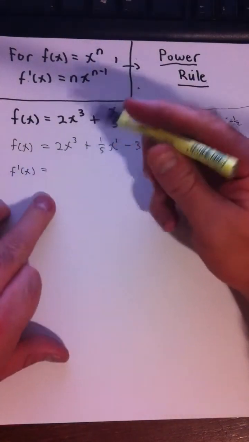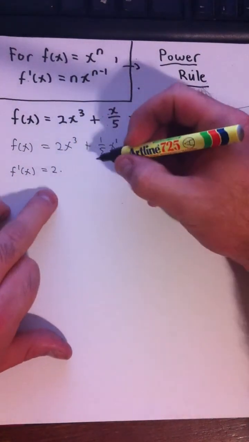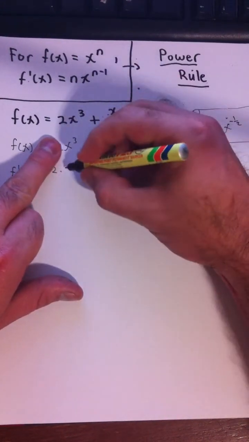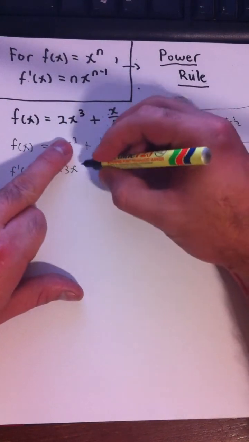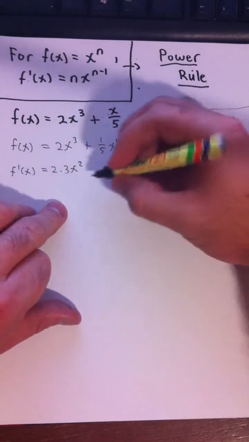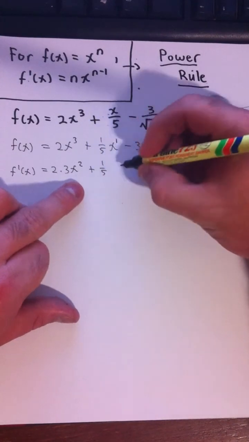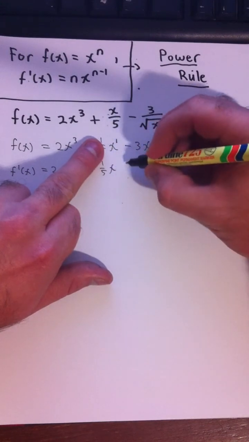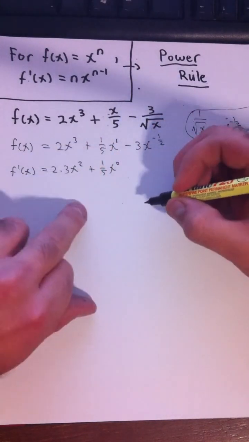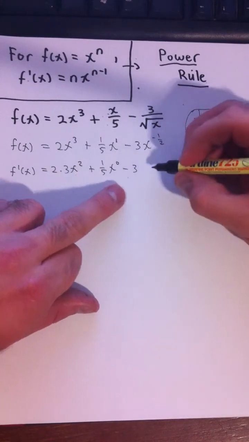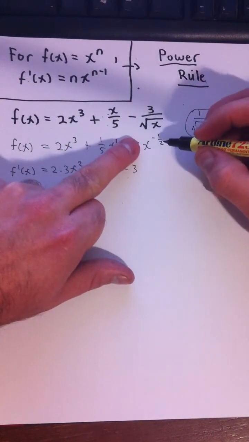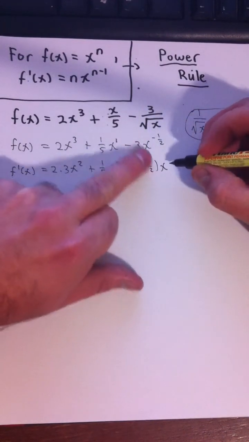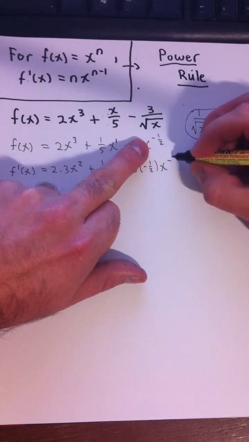Okay, so the derivative of the first part will be 2 times, and then x to the power 3 becomes 3x to the power 3 minus 1, which is 2, plus 1 over 5. x to the power 1 becomes 1x to the power 1 minus 1, which is 0, minus 3. x to the power negative a half becomes negative a half x to the power negative a half minus 1, which is negative 3 over 2.